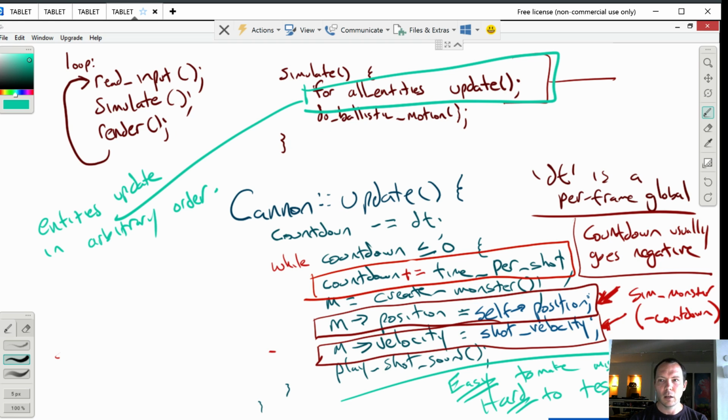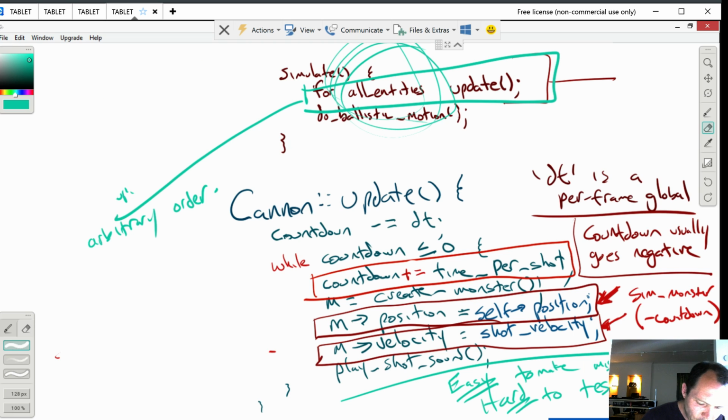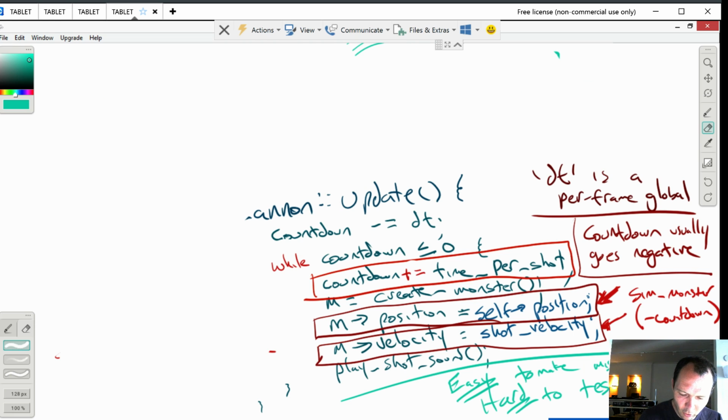Like, one thing that happens in Braid is that monsters will pick up a key if they run into a key and you're not carrying it, right? Well, what if two monsters hit the key on the same frame? They both want to pick it up. Which one will get it? Well, whoever's first in the update list. So that's a thing to be aware of, and maybe in some cases this update list changes order depending on what's happening, who knows.